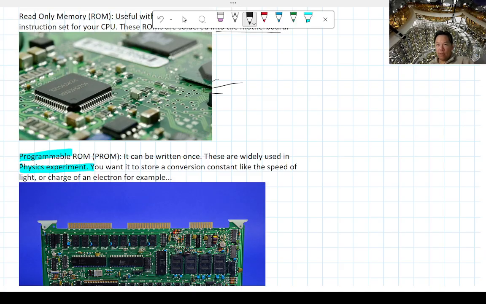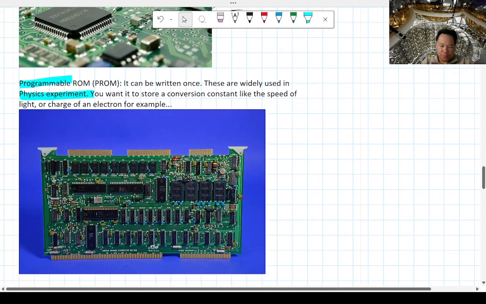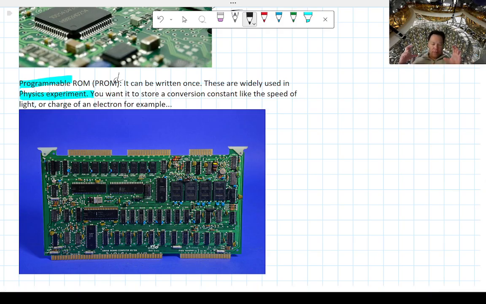But for a physics experiment, we just need one or two of them, and you don't want to deal with that. So we tend to use programmable read-only memory, where you have a special circuit that basically writes to this memory once, and then you remove the chip and put it in what you actually use it for, and then that memory is storing the same information.